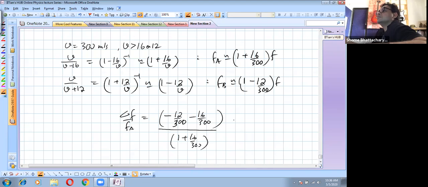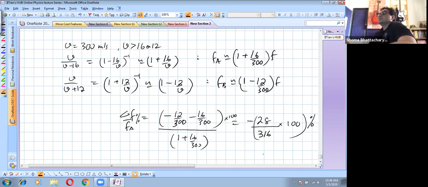So you can see it becomes minus 28 divided by 316. Convert this into a percentage by doing this. So this becomes the easy way of doing the calculation.